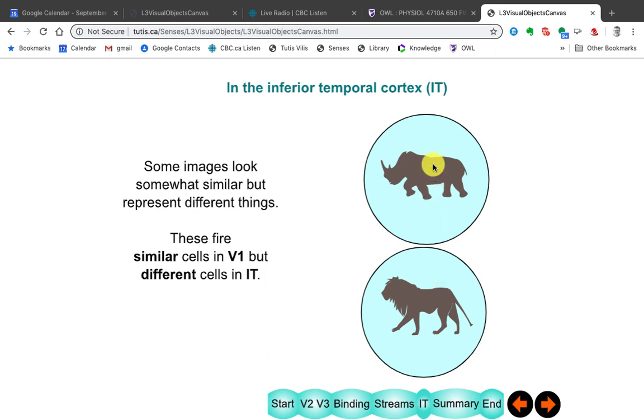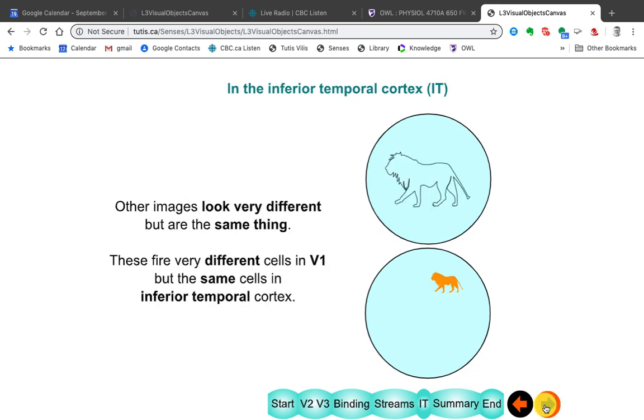So similar cells could be activated by both these objects, but very different cells would be activated in IT because they're different objects. But over here, this is a lion, this is a lion. One is defined by form and the other by color. They would light up the very same cell in IT, but very different cells in V1.